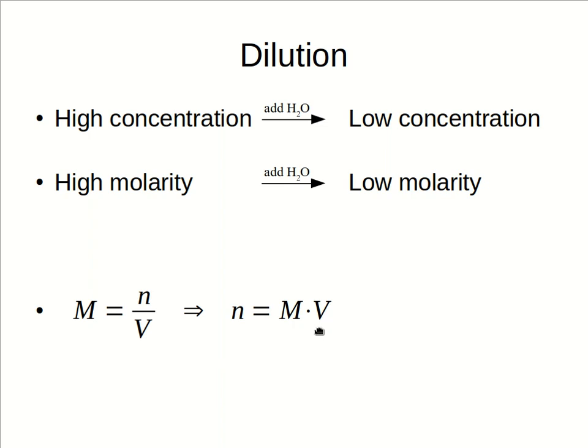And when I change the volume, obviously the molarity is going to change, but I can't add or even subtract solute, so I can't change n. n is staying constant all the time. So this way of re-expressing the definition turns out to be very advantageous.